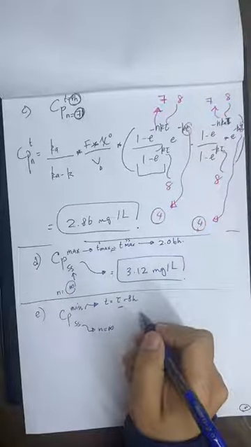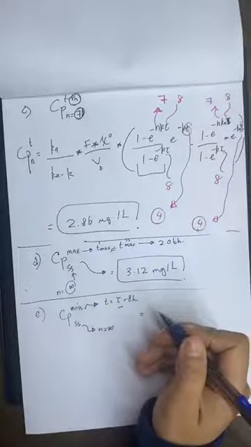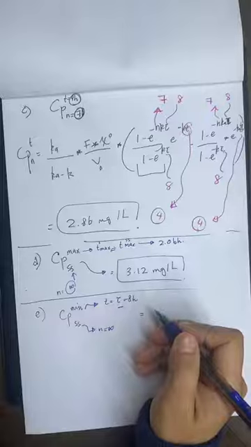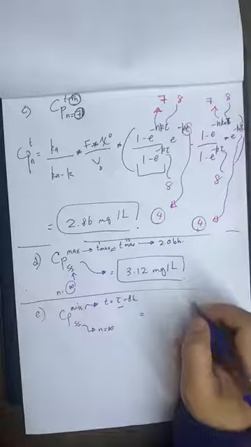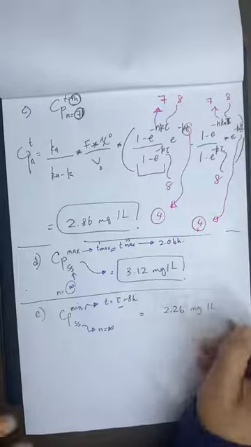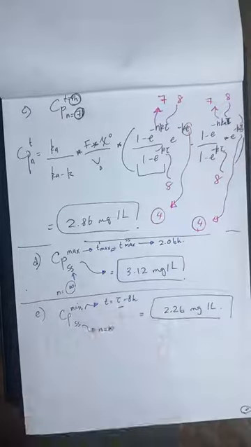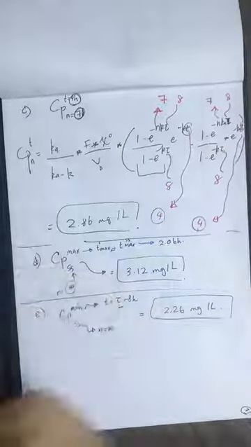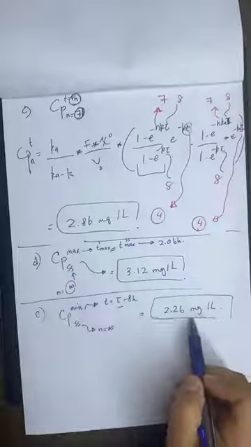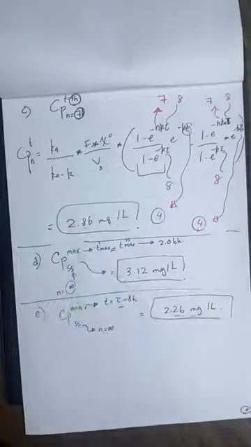Okay, and the overall concentration will be equal to 2.26 milligram per liter. Your numbers may be a little bit different than mine, depending on how much approximation you do while you are working on it. So I may have some decimal points different between my numbers and yours.